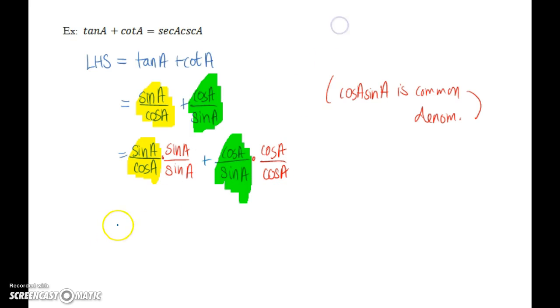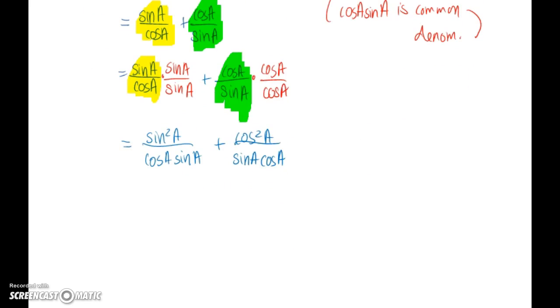All right, so let's see what we get at that point. To multiply fractions, we multiply across, so we get sine squared A over cosine A sine A. And our second product is cosine squared A over sine A cosine A. Now notice these two fractions essentially have the same denominator, which is cosine A sine A. So we can add two fractions that have the same denominator by adding their numerators: sine squared A plus cosine squared A over cosine A sine A. Okay.